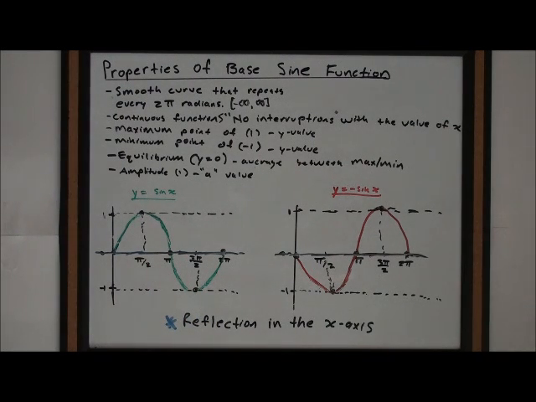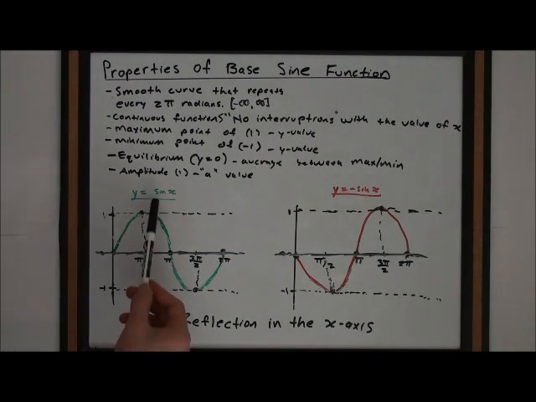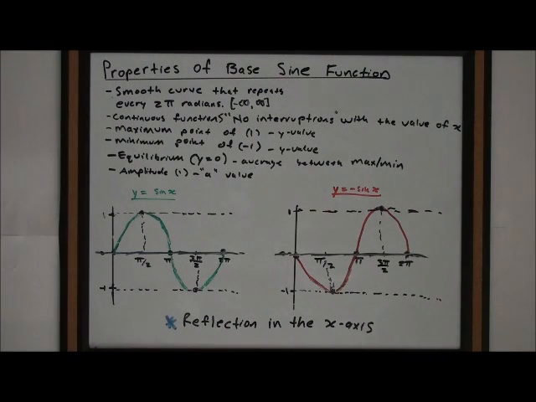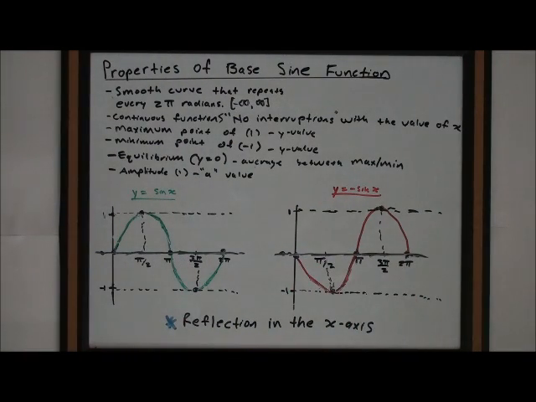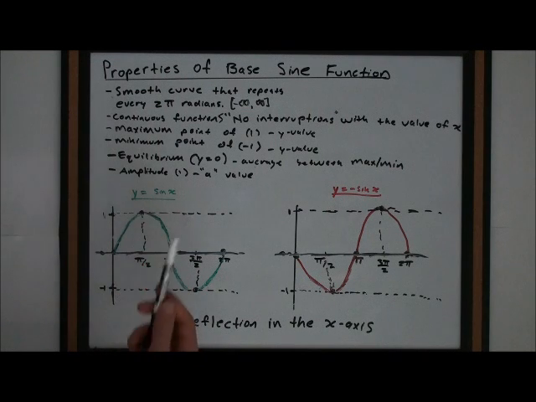Now the key difference between a positive sine graph and the negative sine graph is a reflection in the x-axis. So they are flipped in the x-axis. How this affects when your max point occurs: in a positive sine graph, the maximum will occur at pi over 2 radians.